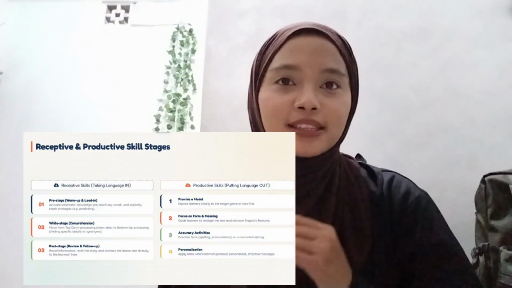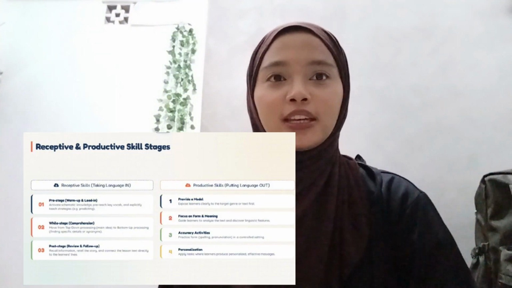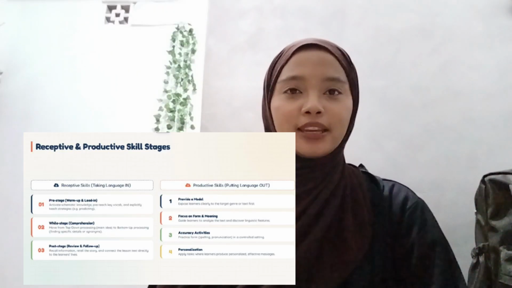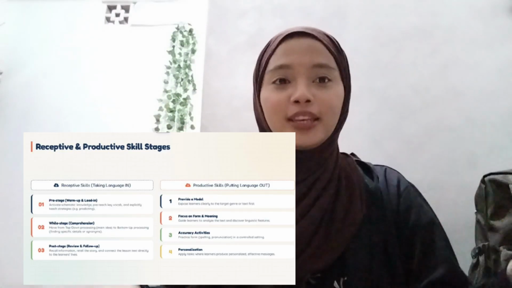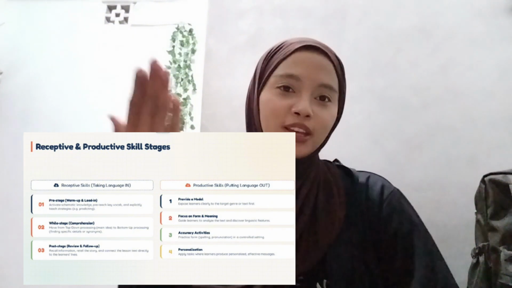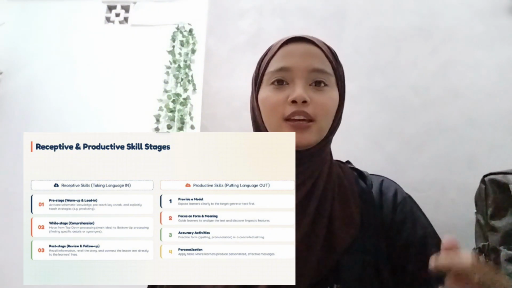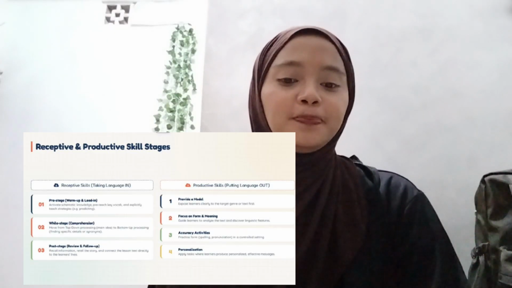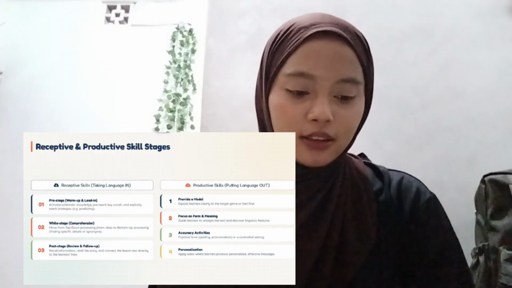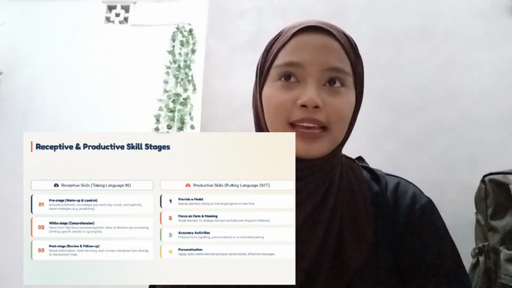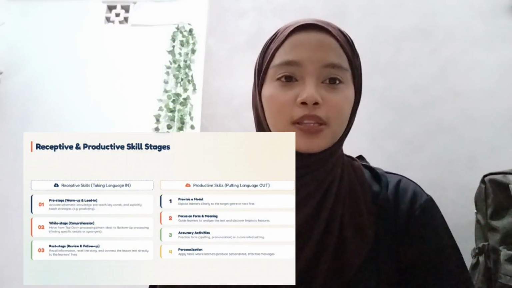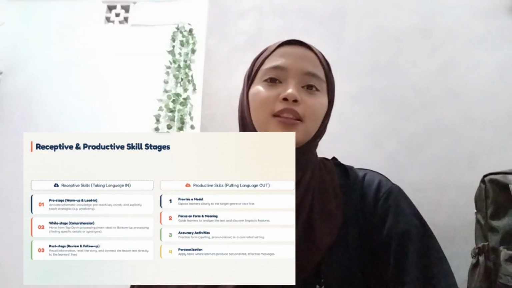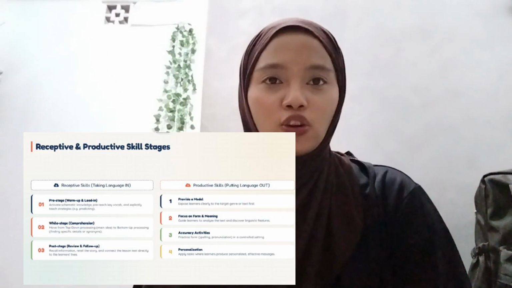This activates semantic knowledge, pre-teaches key vocab, and explicitly teaches strategies, for example predicting what we need to listen to or read, or the topic. For example, we can give some related pictures or graphs about the topic. And after that, the second one is the while stage, or comprehension.